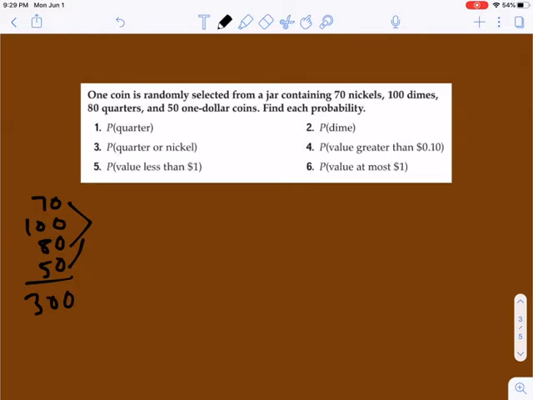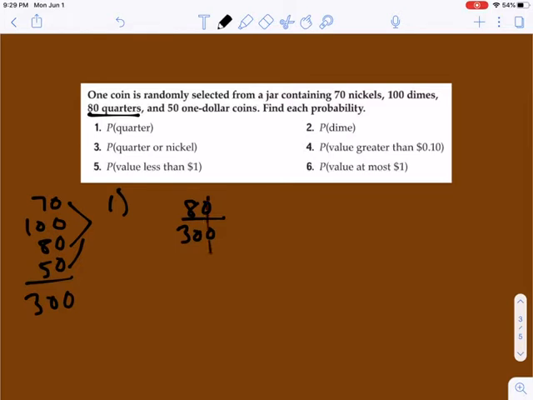And so the probability of picking a quarter is always the number of options that it could be, so there's 80, because there's 80 quarters, over the total number of outcomes. So the desired outcome over the total number of outcomes. So it's 80 out of 300.